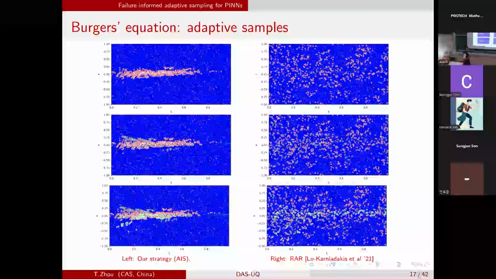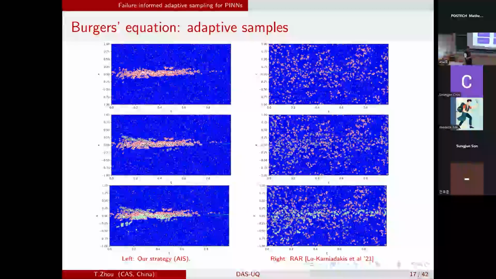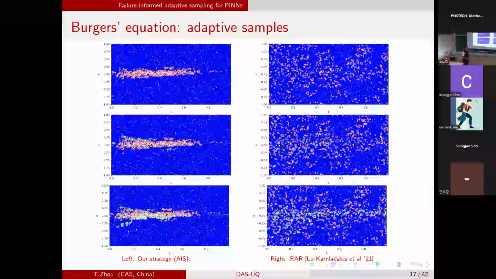So these are the points handling the singularity. For these points, the residual in the last step is very large, and for this kind of points the residual is very small. So you don't need to add new points in this region. The residual directs you where to put the new training points.